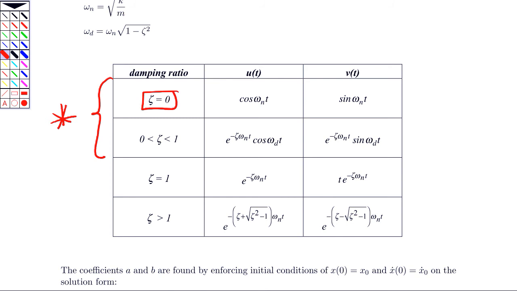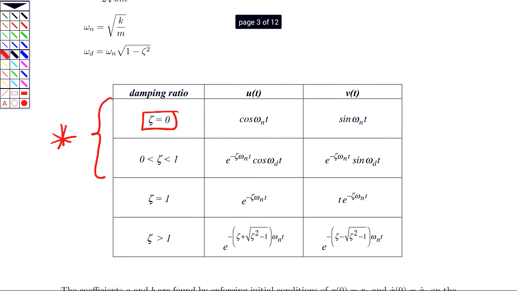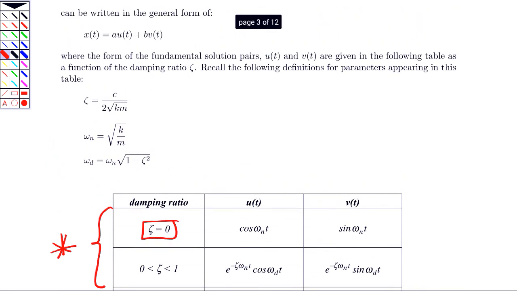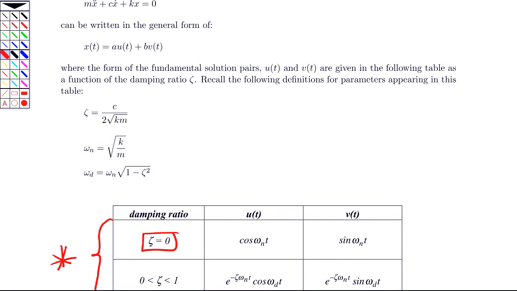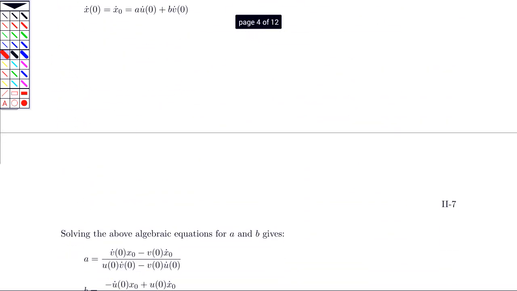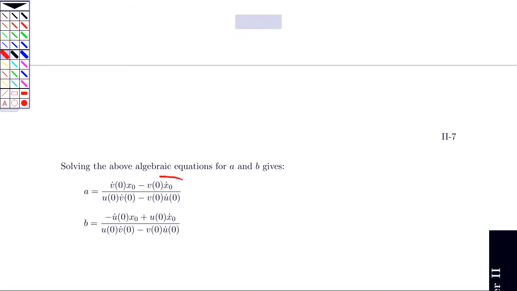How do we find these coefficients of C and S for the underdamped case? Well, it's very much like what we have here in general. In general, we'll take these combinations of these fundamental solutions of U and T, which are listed here. And the formal process right here, we solve for what A and B are.